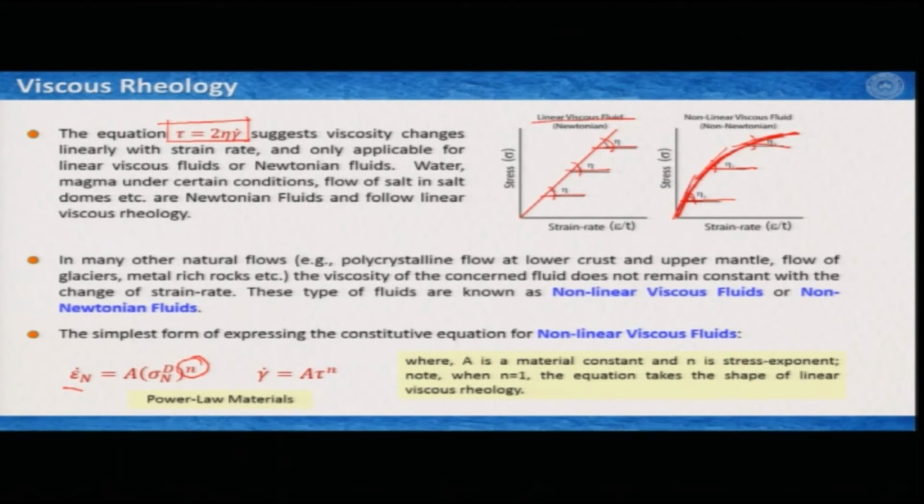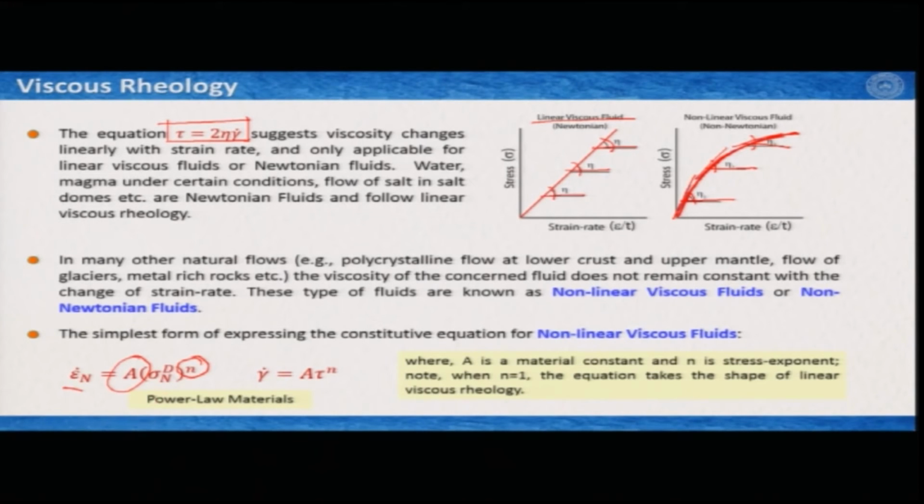In structural geology, in tectonics and also in geodynamics, this stress exponent is a very important term, we will learn about it later. And then this is related by a constant which is a material constant, and we generally denote it by A. So, eventually the equation takes the form strain rate equal to a constant multiplied by sigma to the power of an exponent.